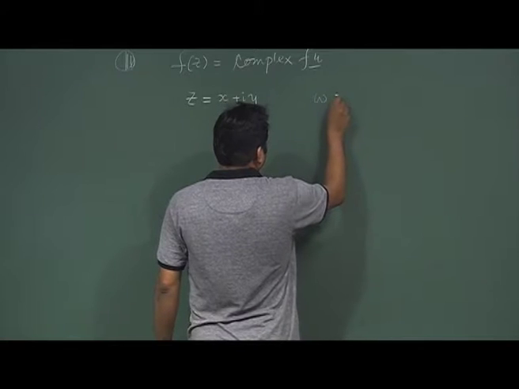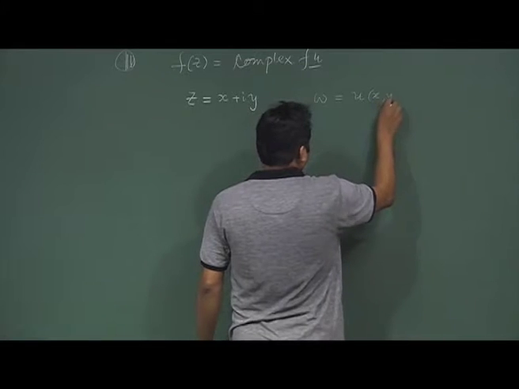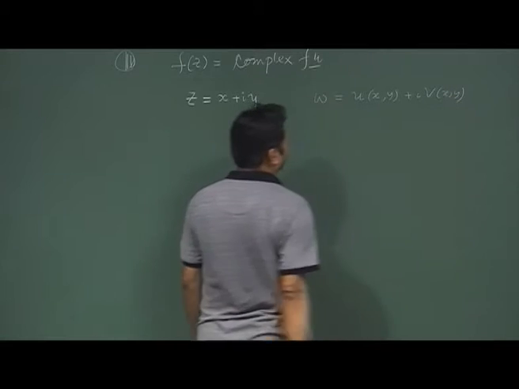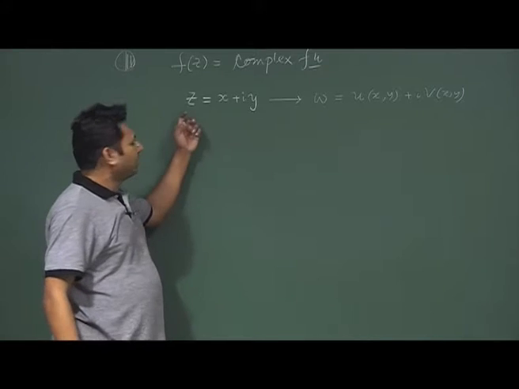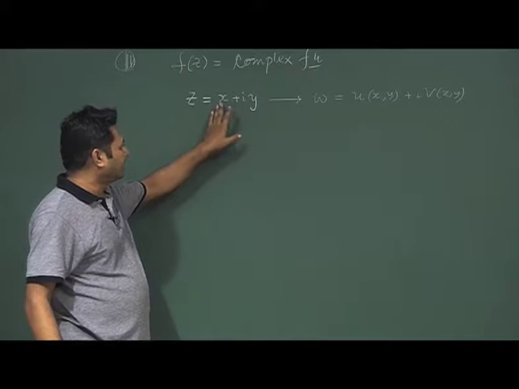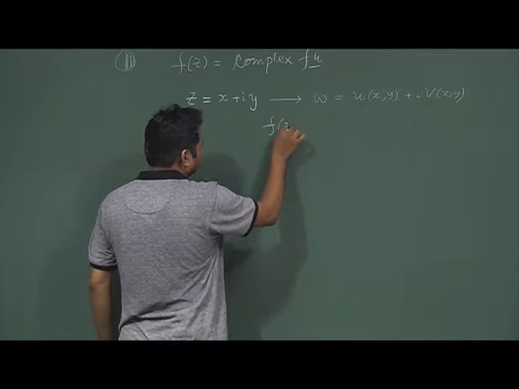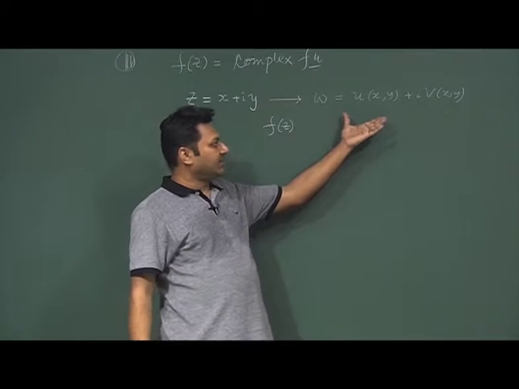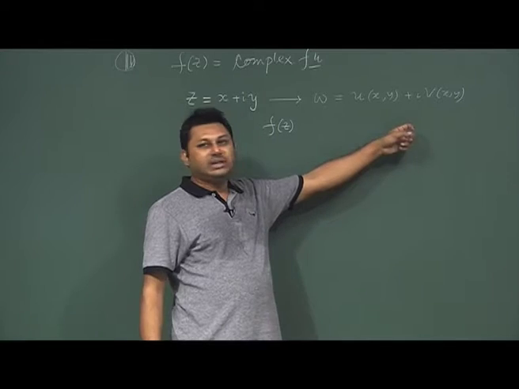In the W plane we have something like this. This is not a single variable, it is a dual variable, two variables x and y are associated with that. And when x and y are related by a rule I call f(z), then in the W plane we have another complex number u plus iv, where u and v are functions of x and y.